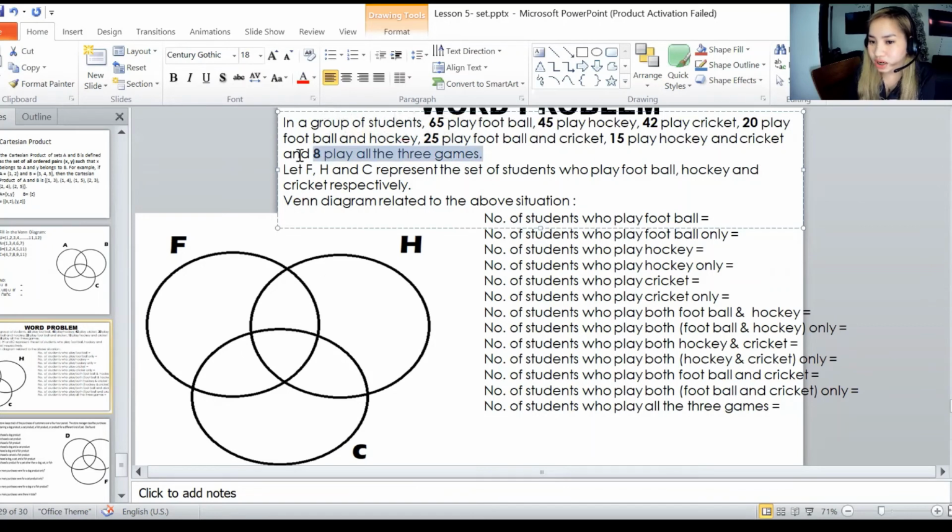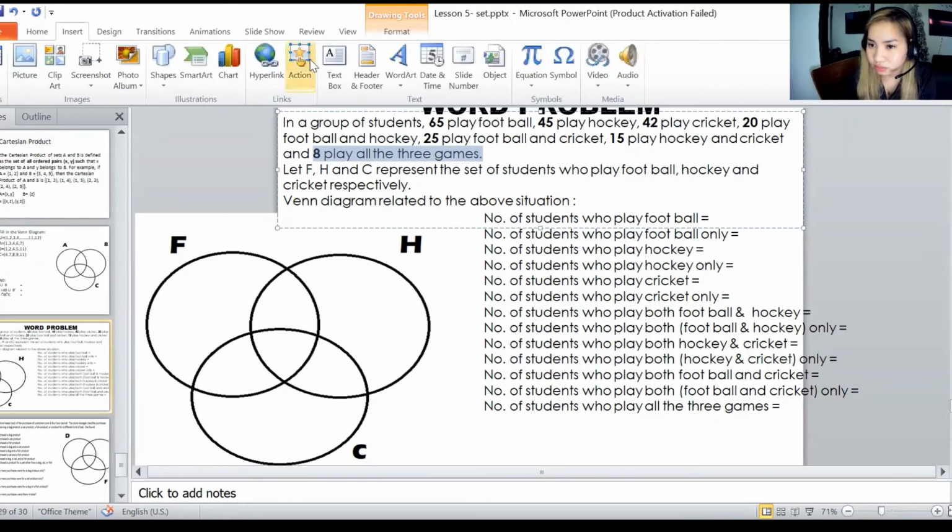So, ibig sabihin, lahat po is naglalaro ng 3 games na yon: football, hockey, and cricket. Kapag po lahat sila naglalaro, nag-intersect yung number na yon sa tatlong set natin. So ilagay natin si 8 dito sa intersection nilang tatlo.